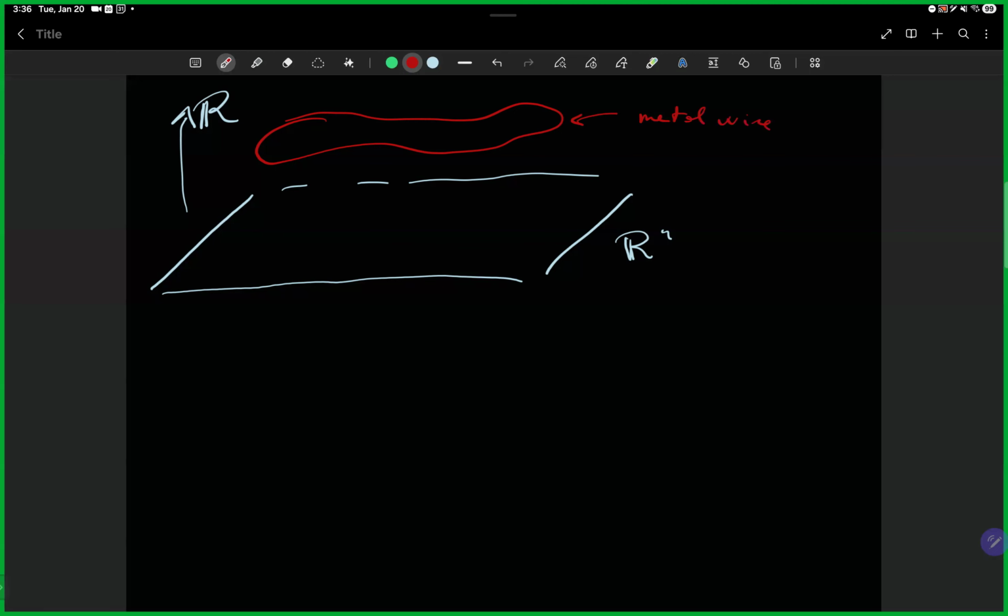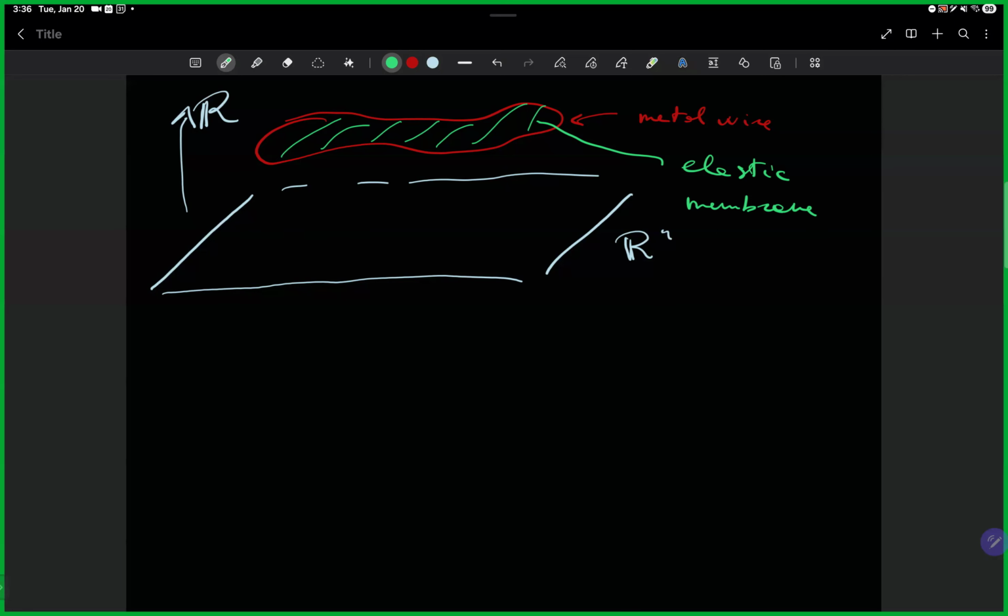The idea is that to this metal wire, you're going to attach some elastic membrane. Essentially, the goal is to understand the equilibrium shape of the elastic membrane.